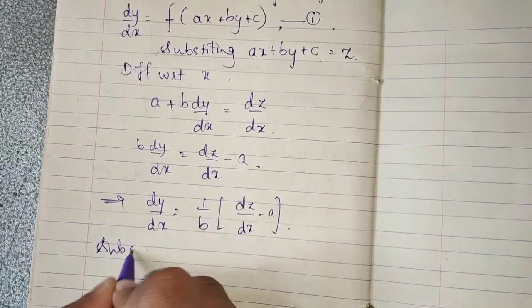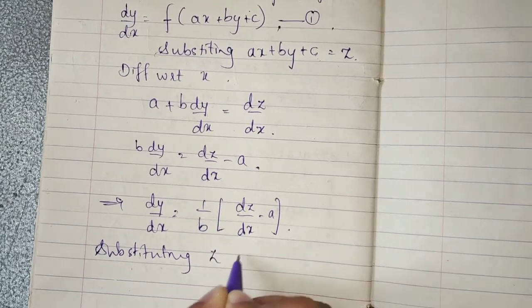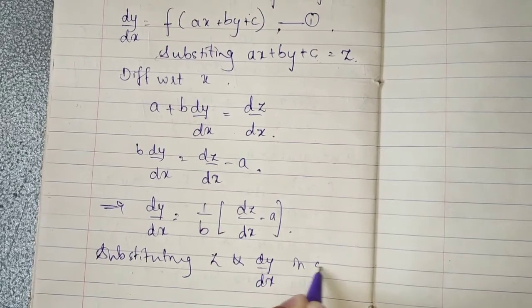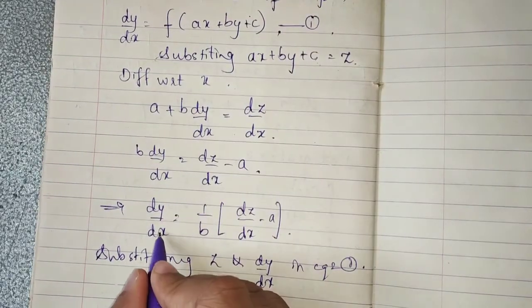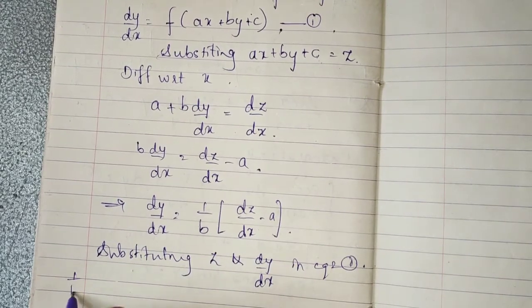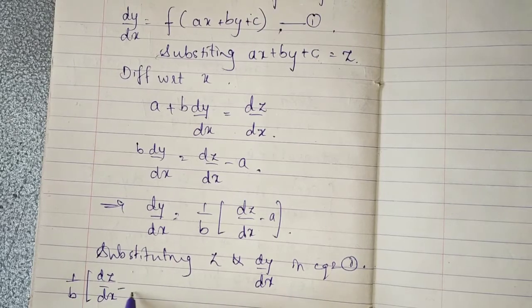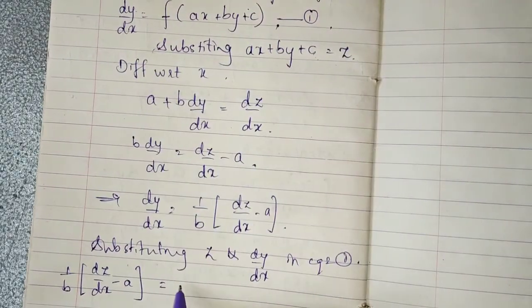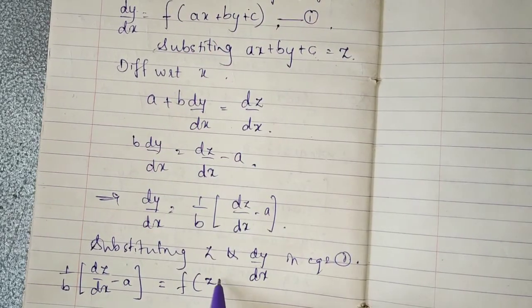Substituting z and dy by dx in equation 1. So dy by dx value is 1 by b into dz by dx minus a, equal to function of ax plus by plus c, which is z.